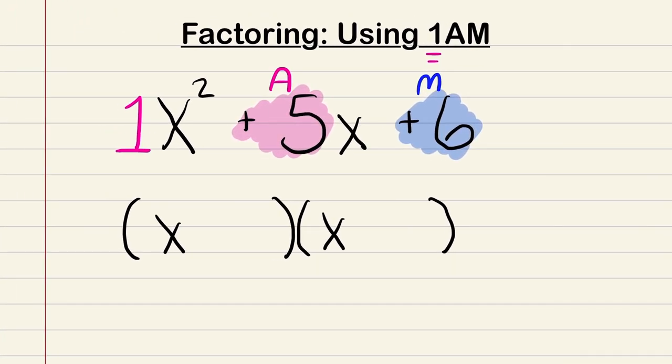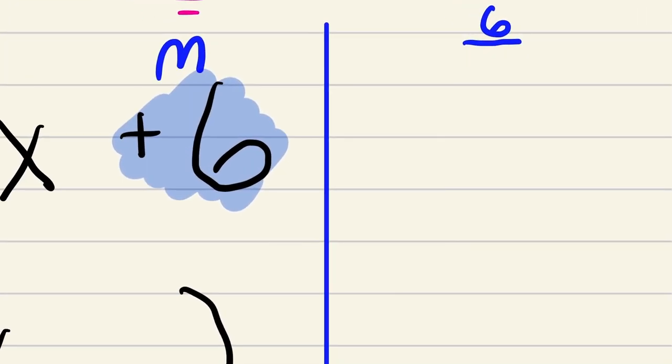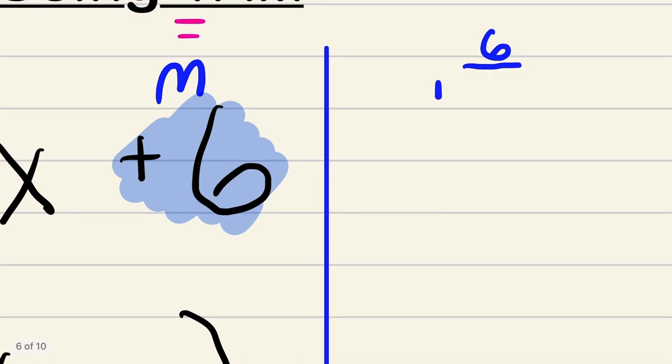Now we're going to try to find all the factors of positive 6. Signs are important here. We need to make sure we exhaust all possible factors. If I take the number 6 and divide it by 1, I see that 1 times 6 will give me 6. And conversely, negative 1 times negative 6 will also give me positive 6.